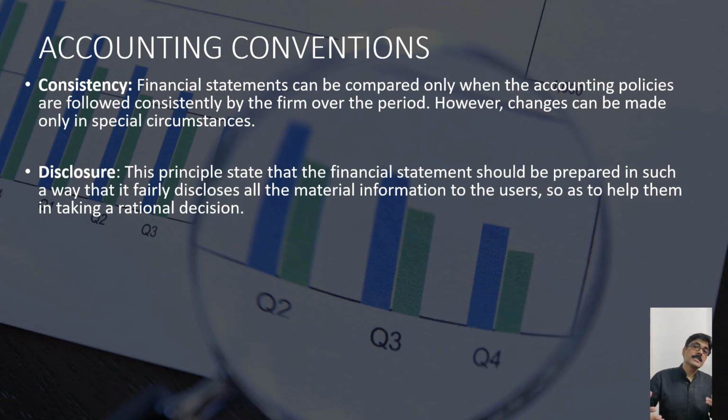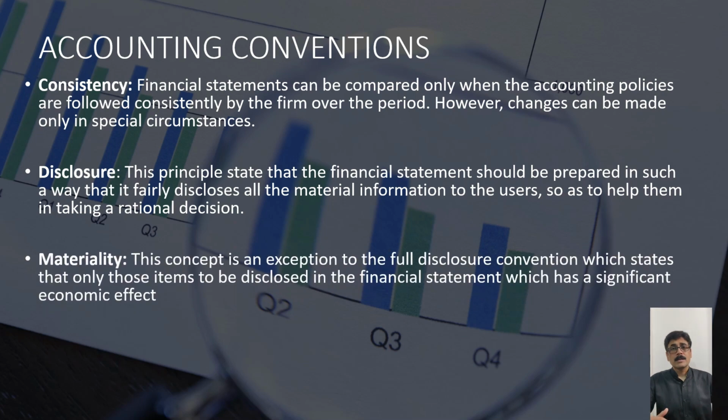This is a material transaction for a business with a turnover of 1 crore. But the same 5 lakh rupees transaction will not have materiality if the total turnover of the business is 50,000 crore or 60,000 crore. So all material transactions you need to disclose in the financial statement.